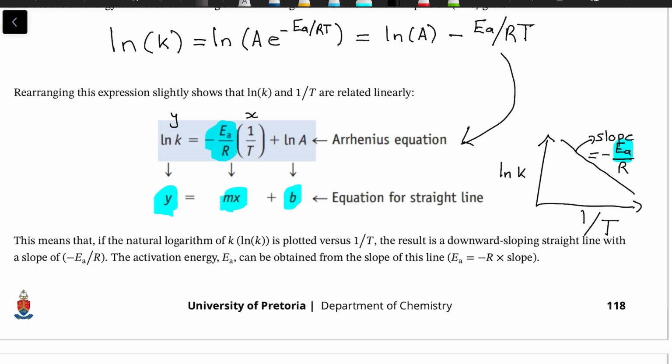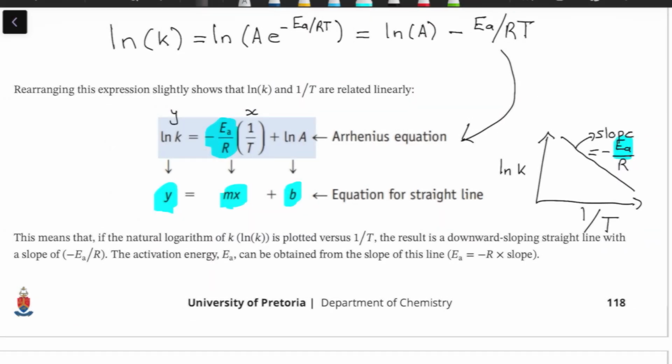You can, of course, work the other way around. Now let's say, for example, you only had 2 points on this graph. So remember, if you were plotting this data, you would have several points, so many temperature points. But let's say, for example, you only had 2 points.